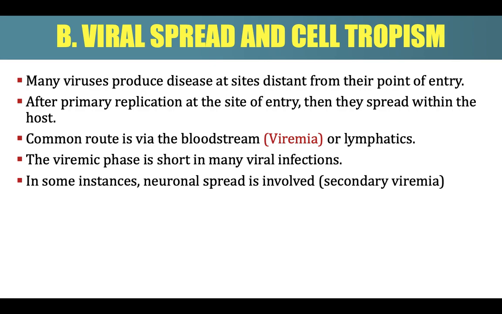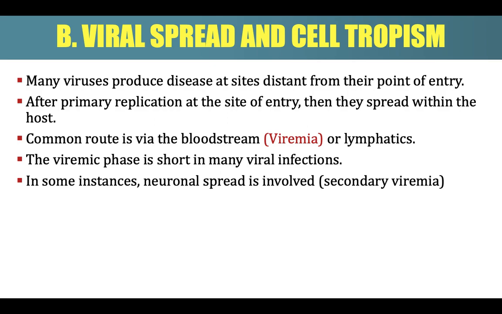The viremic phase is short in many viral infections. In some instances, neuronal spread is involved. This is apparently how rabies virus reaches the brain to cause disease, and how herpes simplex virus moves to the ganglia to initiate latent infection. That's what happens when we have this secondary viremia. Viruses tend to exhibit organ and cell specificity, and tropism determines the pattern of systemic illness produced during a viral infection.